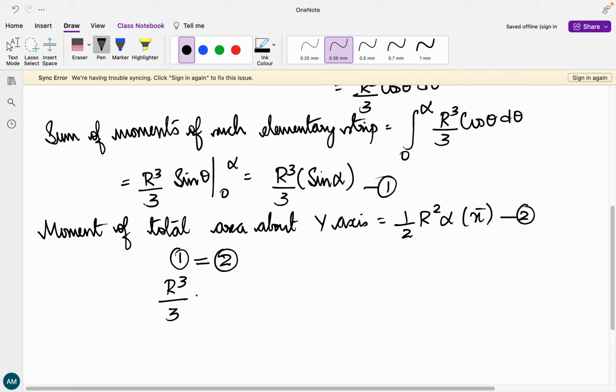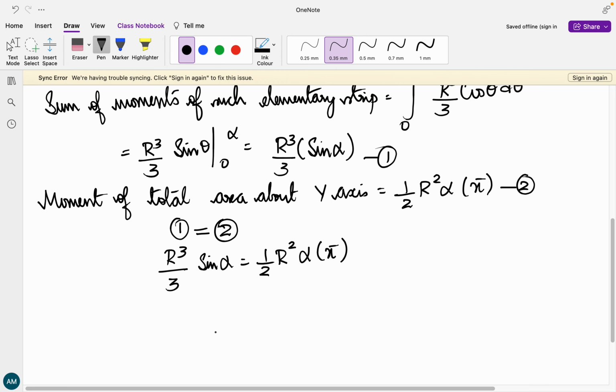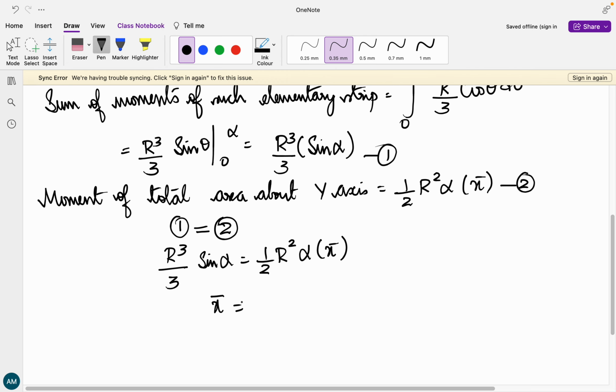So it is r cube by 3 sin alpha, which is equal to half r square alpha into x bar, or x bar is equal to, can you see here, r square and r cube get cancelled, we are left with only r. So x bar is equal to, 2 goes to the numerator, 2r by 3 sin alpha.